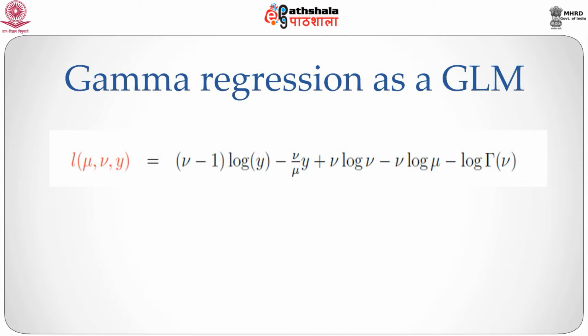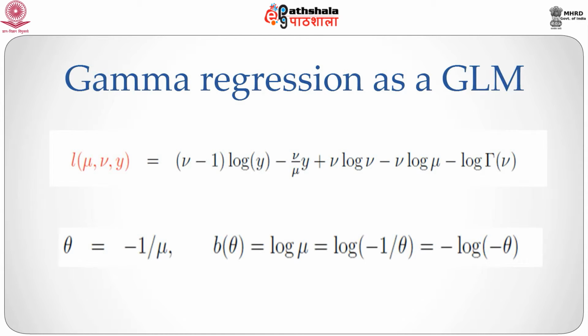This can be brought into the standard generalized linear model framework by rewriting this as nu into minus y by mu minus log mu plus some function c of y and nu. This means that the canonical parameter is given by theta equal to minus 1 over mu, b theta equal to log mu equal to log of minus 1 over theta, or minus log of minus theta. The scale parameter is given by nu.